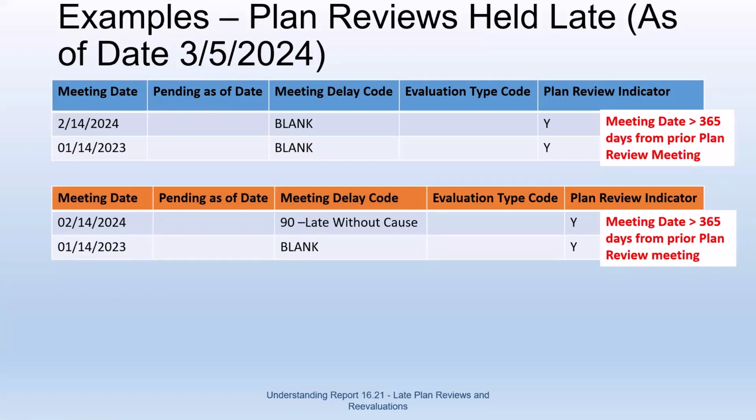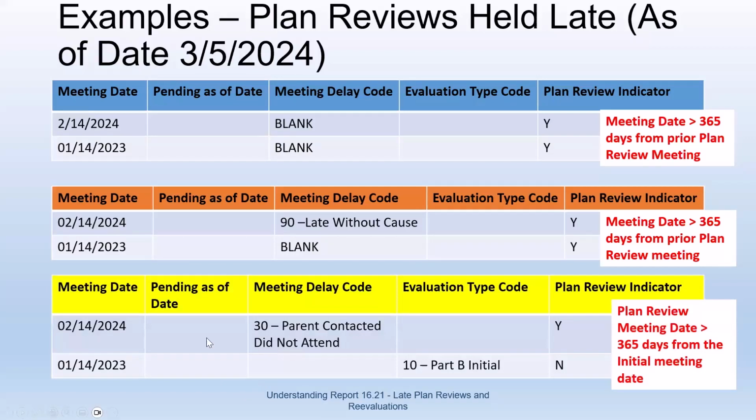Whether or not they're compliant is another issue, and I'm going to get to that in just a minute. Okay, the last scenario, there's a Part B initial meeting that was held. Their annual plan review was held on February 14th, 2024. There is a valid meeting delay. This is also considered a plan review held late.